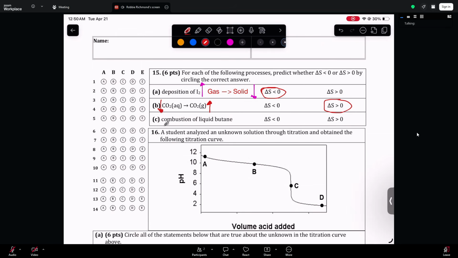So if a liquid plus a gas is going to a gas plus gas, the gas has more disorder compared to all the gases on the product side. So in terms of entropy, the reactants will be lower and the products will be higher in entropy, meaning that delta S will be positive.